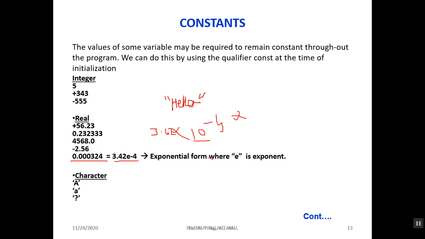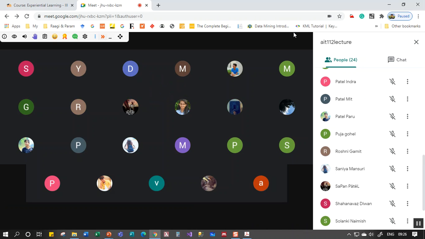The last term is string. Understood? Yes or no? We have 4 types of constant values. It is not only constant, but constant value. Any doubt? Okay?